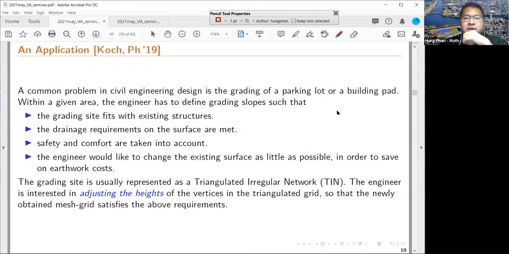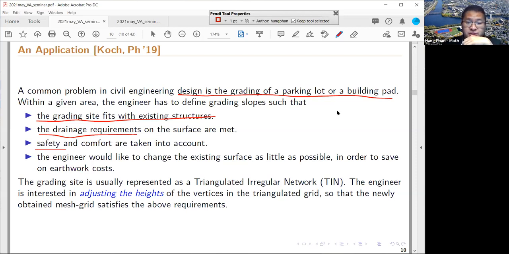In this case, for example, we design a grading of a parking lot or building pad. The constraint for the engineer is that they need to find a feasible plan for the parking lot or building pad that fits with existing structures, the drainage requirements, and safety conditions, and they don't want to do much, right?